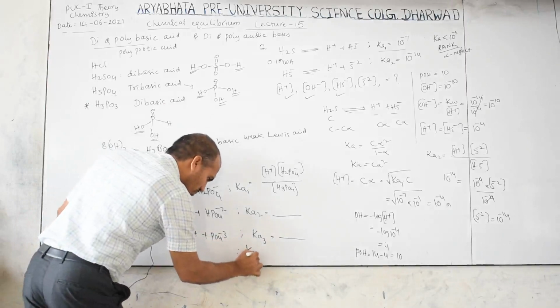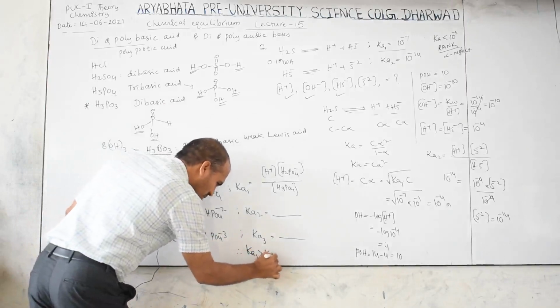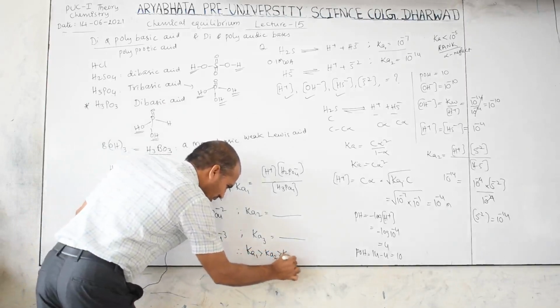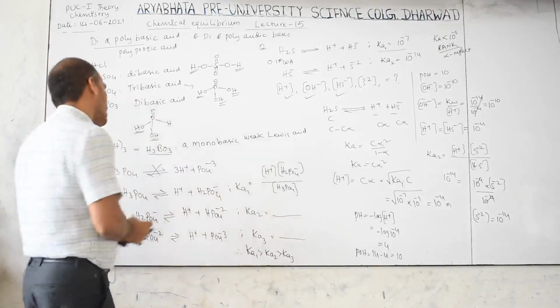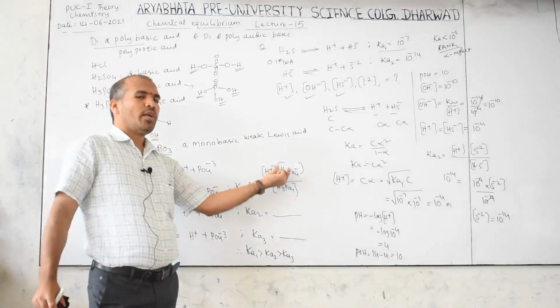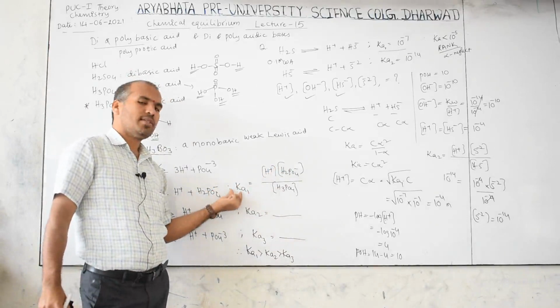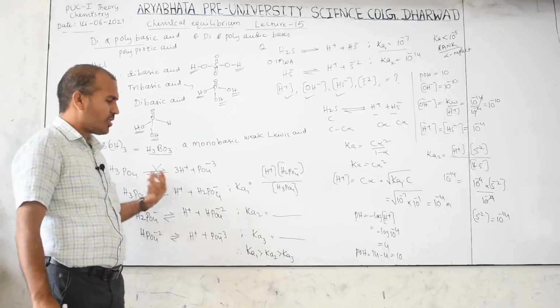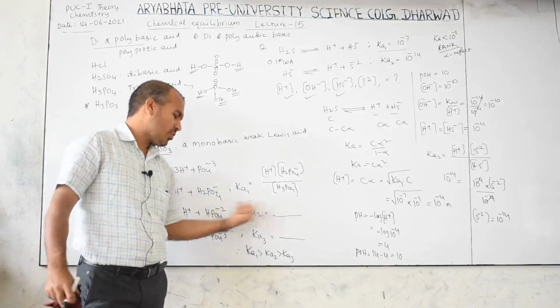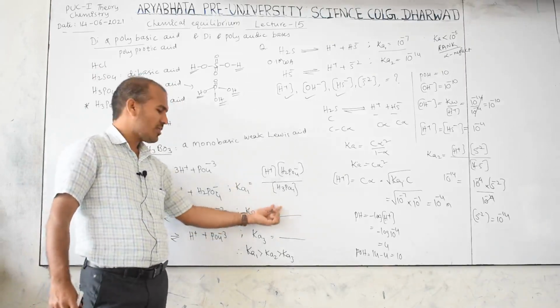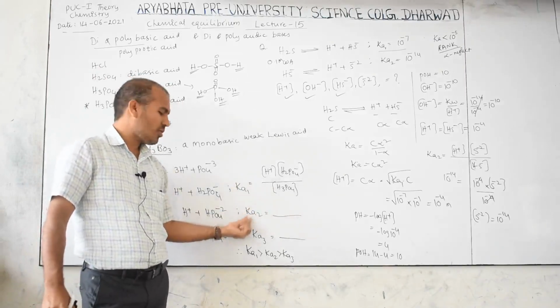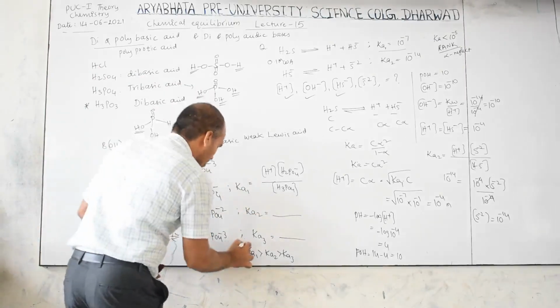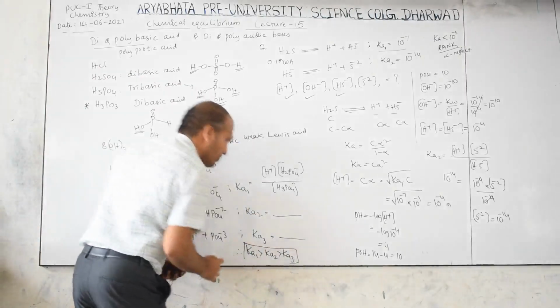Therefore Ka1 is greater than Ka2, than Ka3. Why? Because the numerator value increases, the resulting value increases, but when the second and third step dissociation is less, the numerator, which is a product, is less, so the resulting value is also less. So keep in mind, these are very important.